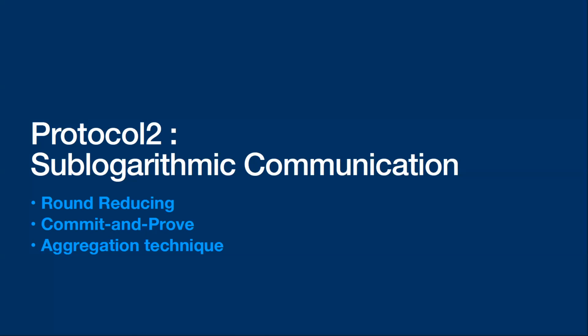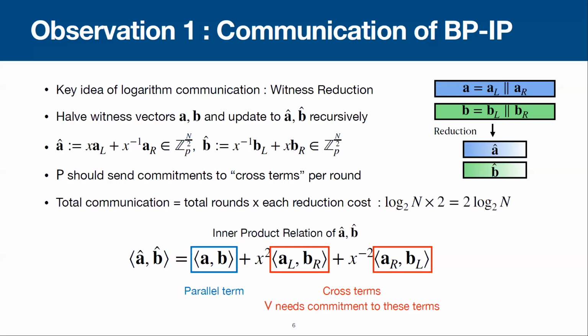The blue one is the keyword for constructing protocol 2. This is the observation for the communication of BPIP. The key idea of logarithmic communication is witness reduction.